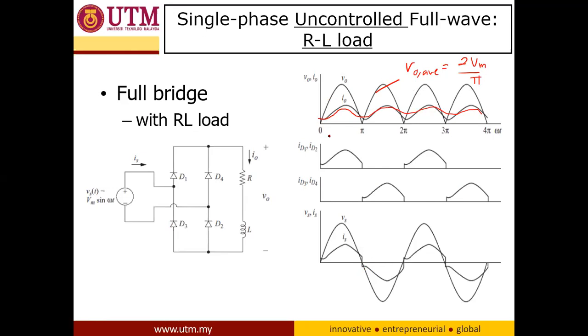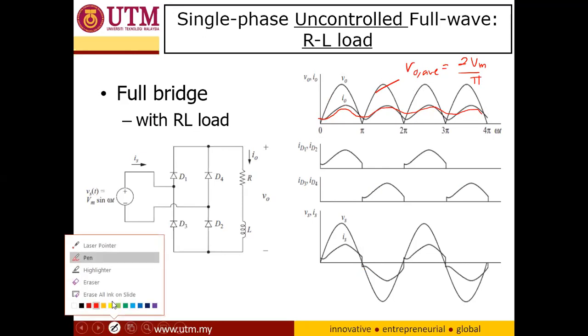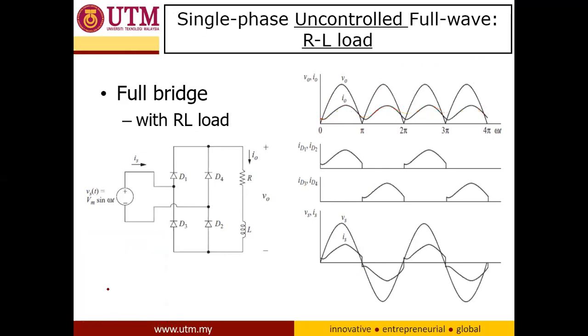During the first cycle, D1 and D2 will turn on, so the current will increase because the inductor is charging.